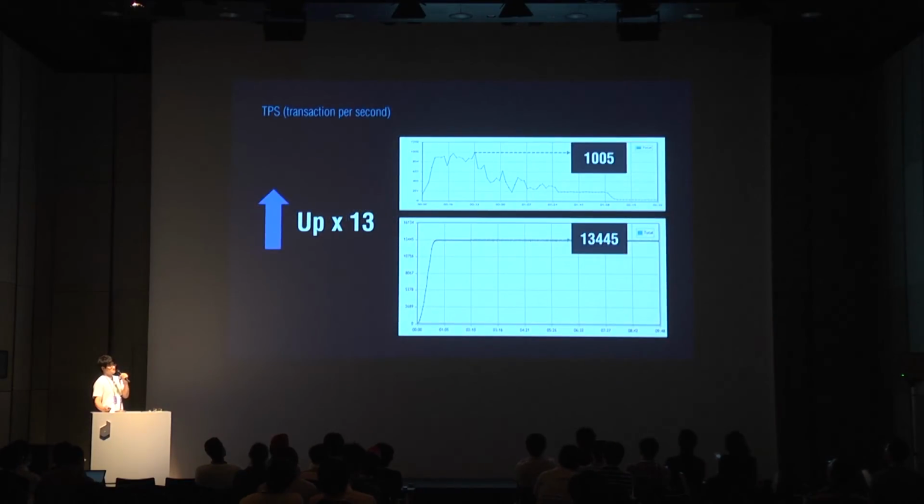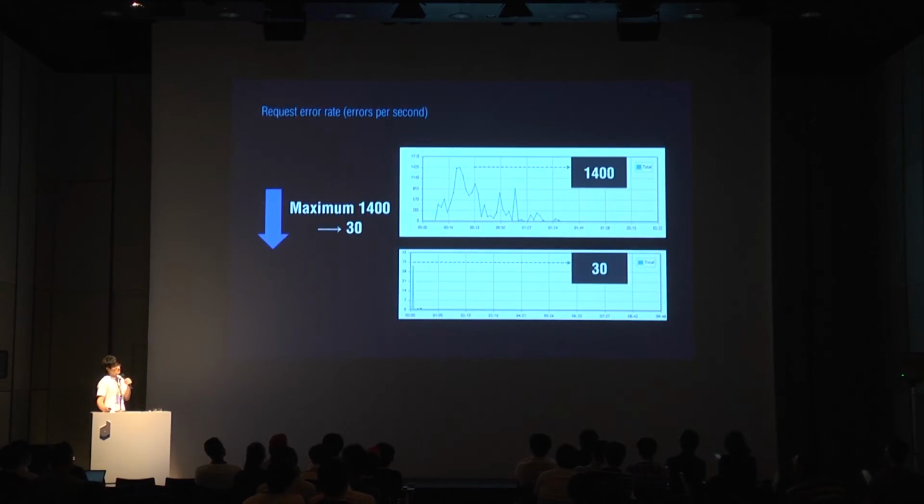At the initial test, the TPS could not rise over 100. After making the adjustments, the TPS improved almost 13 times. Likewise, at the initial test, the request error rate was far from ideal. It was as high as 1400.